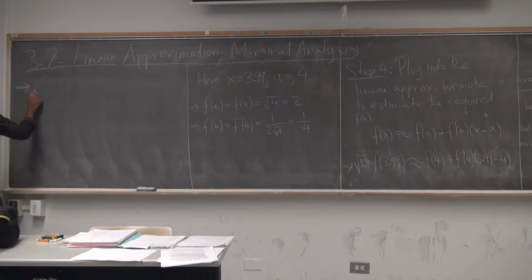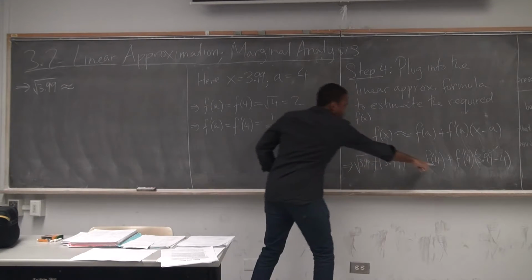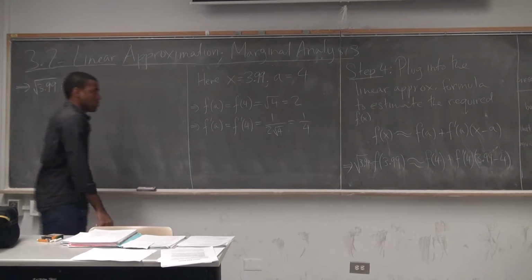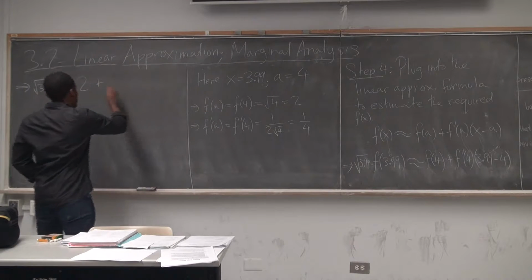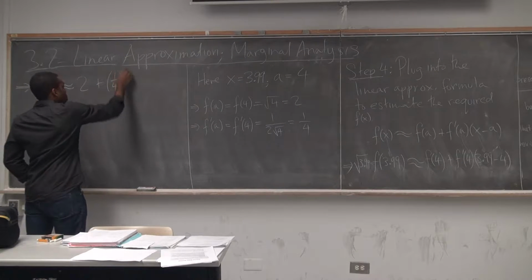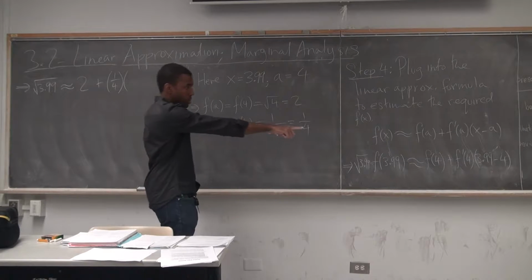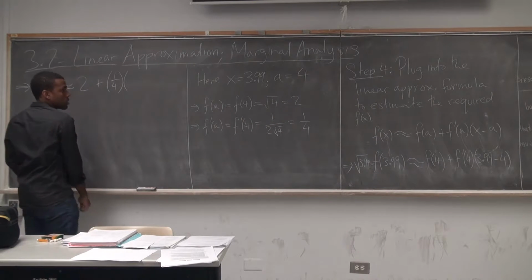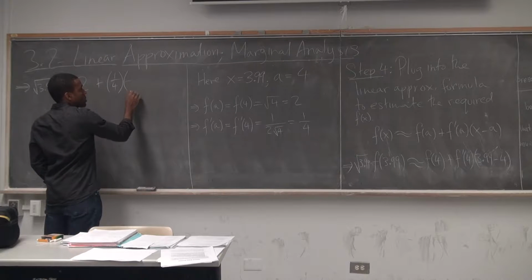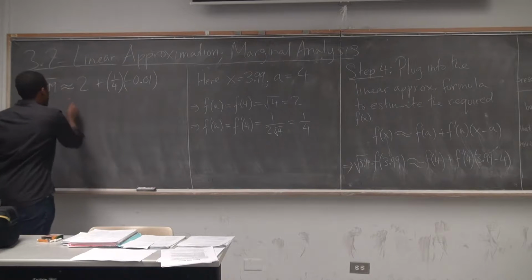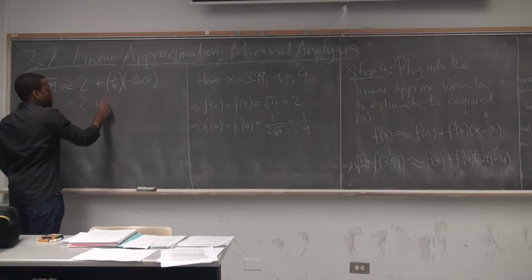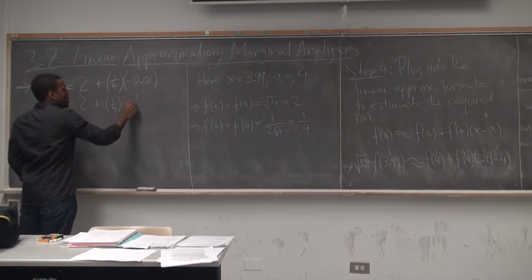This means the radical of 3.99 is approximately equal to f of 4, but what is that? That is 2. Plus f prime of 4, which is 1/4, times 3.99 minus 4 will give me what? Negative 0.01. Now that, by the way, is just negative 1 over 100.